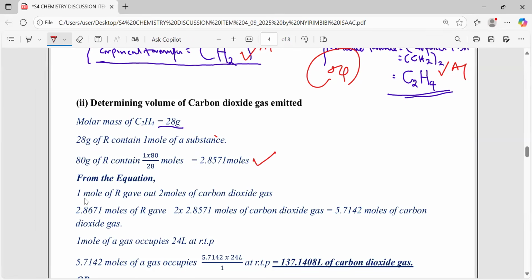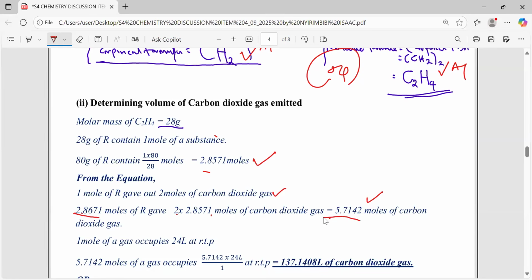Then I came here, I said 1 mole of R gave out 2 moles of carbon dioxide. This was given to us already. Now, which means these moles which we have already gotten up here will be 2 times 2.8571 moles of carbon dioxide. And we get the moles of carbon dioxide gas.